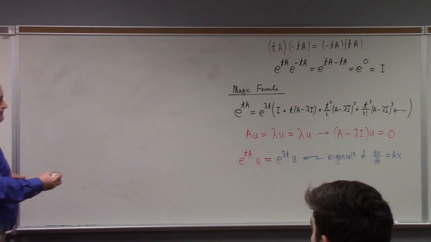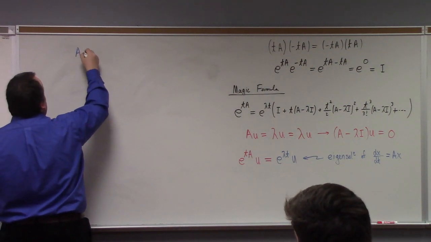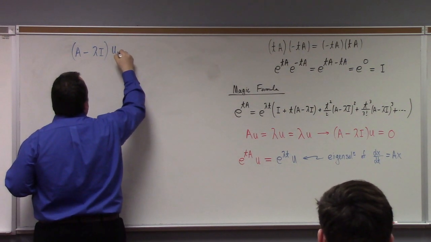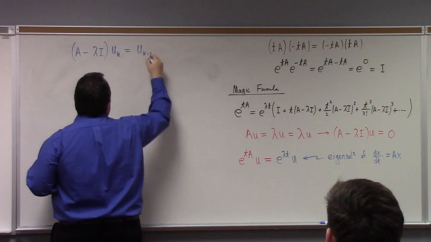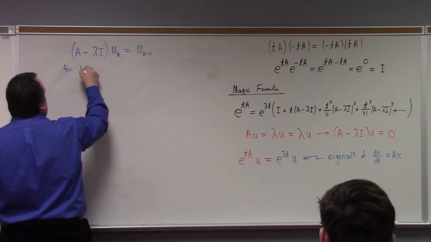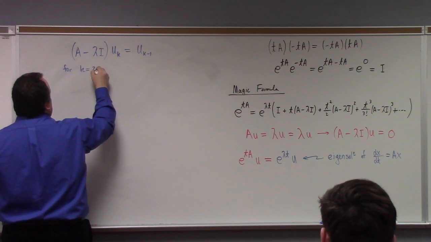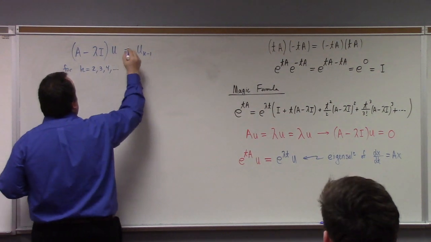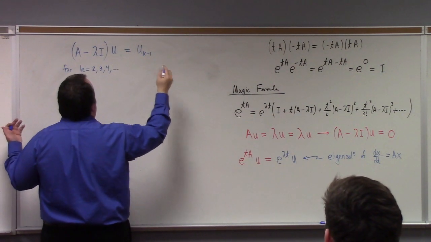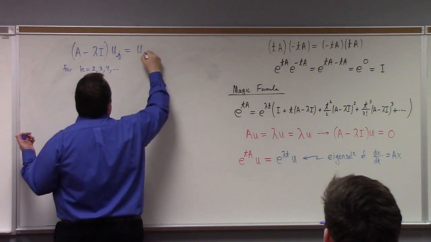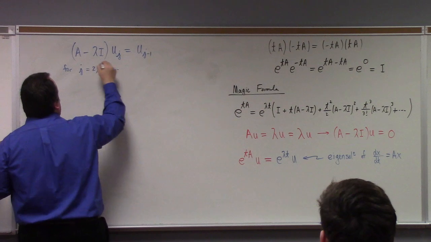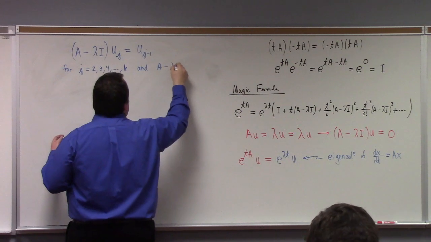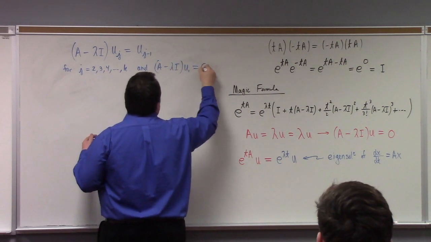So here's the deal. If we have (A minus lambda I) times uk equals uk minus 1, for j equals 2 all the way out to k, and let's suppose that (A minus lambda I) u1 equals 0.